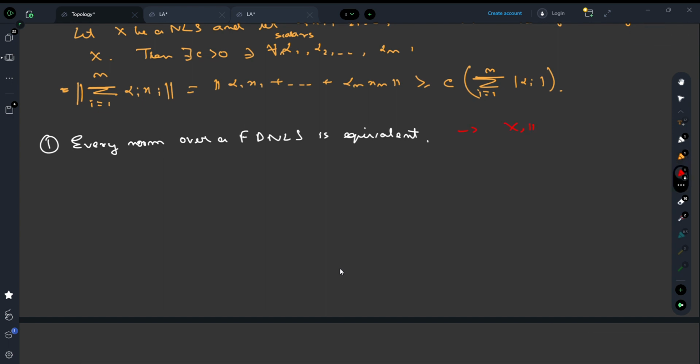Suppose you have a normed linear space X which has two norms. So let X be a normed linear space with respect to this norm, and let X again be a normed linear space with respect to this norm. This can obviously happen, right? Because the norm which we are inducing on a given vector space is a manual input.